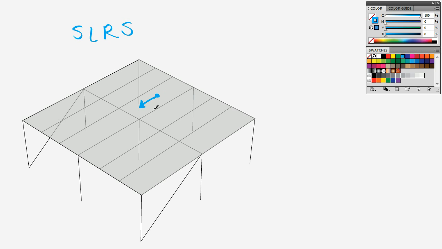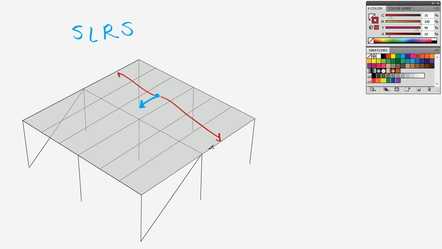During an earthquake, we're going to have inertial forces up here in the roof. They're going to be acting in this direction, and they're associated with the mass. Well, how is this force going to get down to the foundation? Let me draw the paths and then explain why it does what it does. What happens here is the roof is going to carry the force out to these two lines on the perimeter, this line and this line.